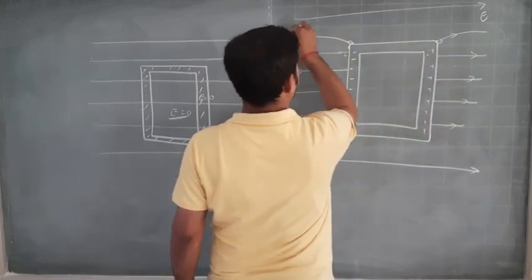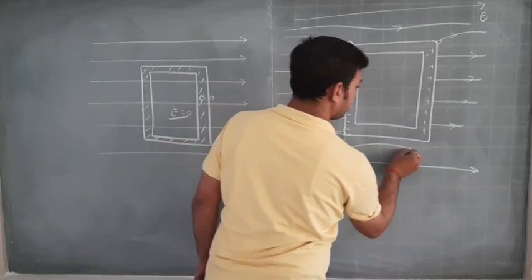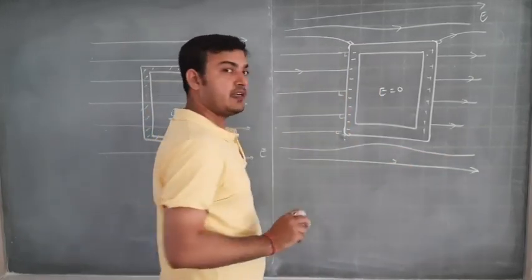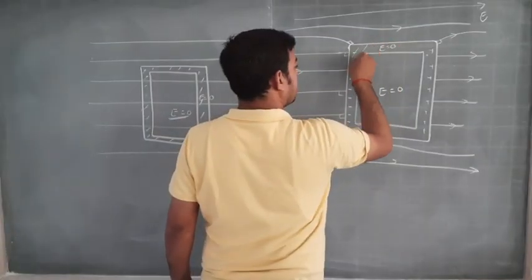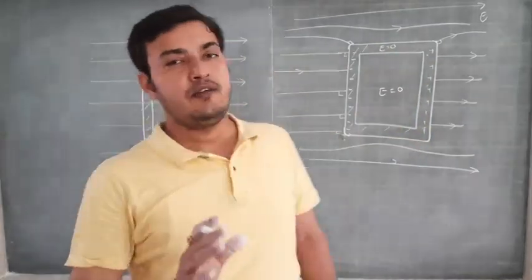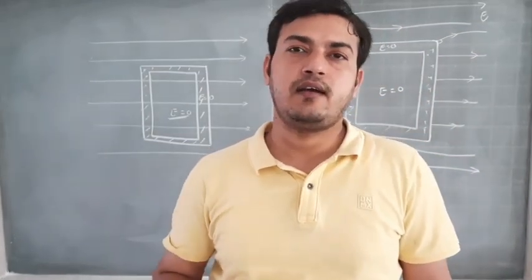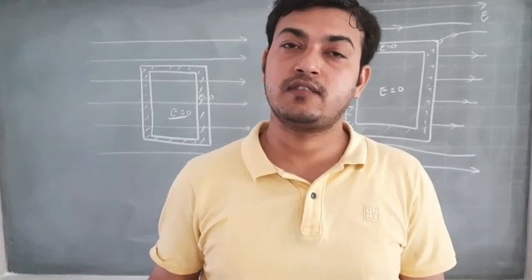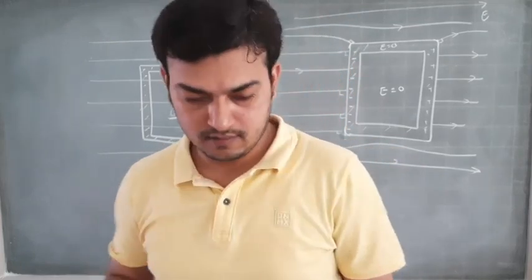So the electric field lines will modify like this, so that the net electric field inside the rectangular conductor and in the thickness of this conductor is 0. It means whenever you place a conducting body in an electric field, the field lines modify such that there is no electric field inside the conductor.